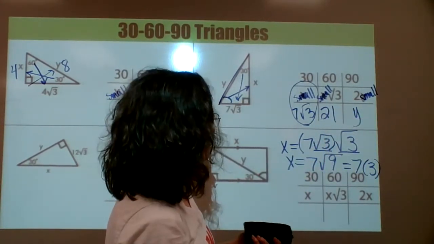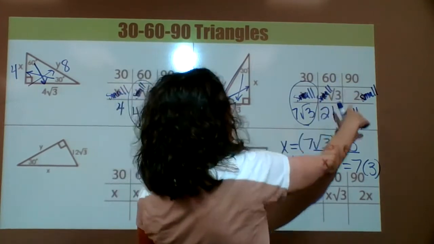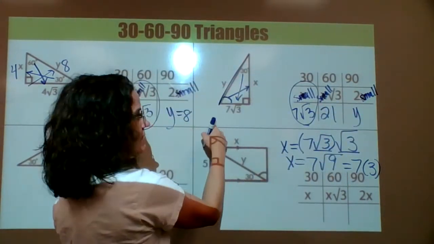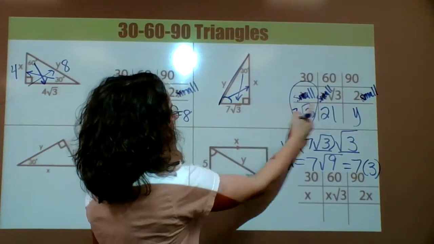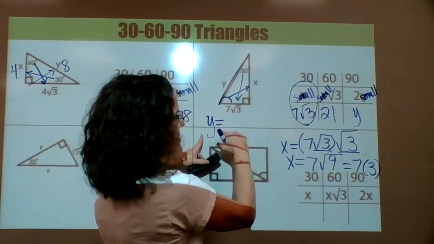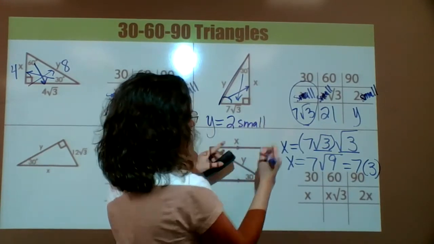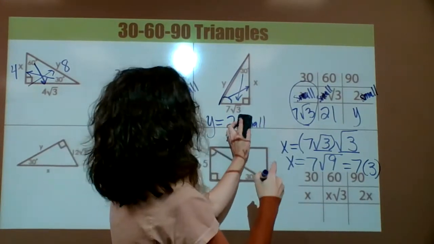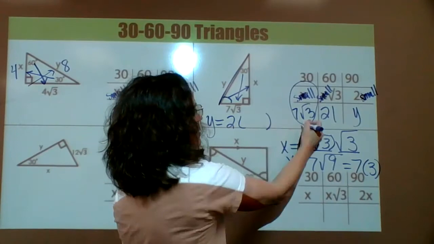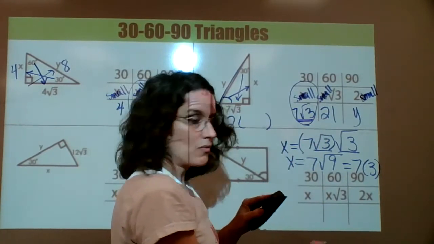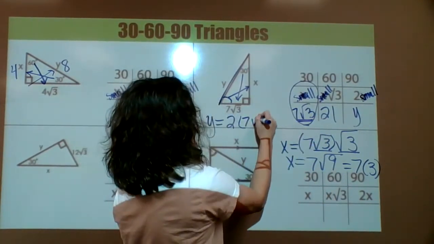Funny how that worked. Now to figure out my 90-degree angle, give myself a little space here, I'm going to take my 90-degree angle is y, and it equals 2 times my small guy. Well, once again, I'm going to replace the small guy with whatever I figured out my small guy was, which is 7 root 3.